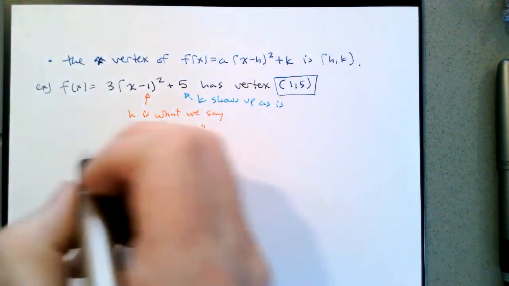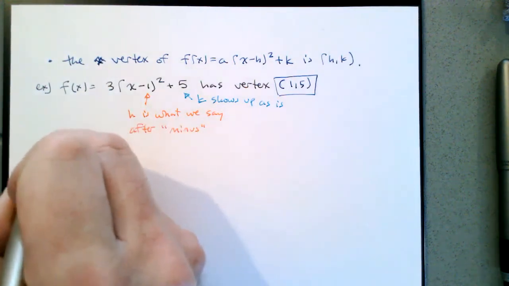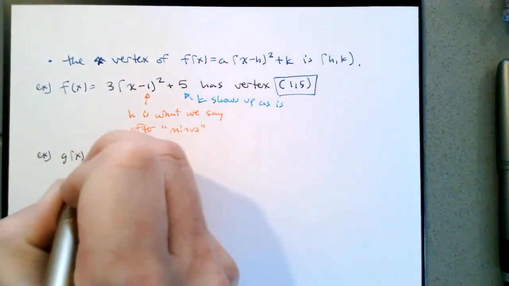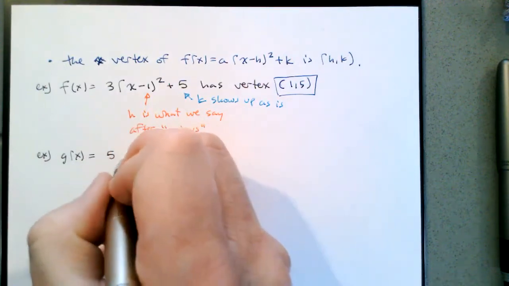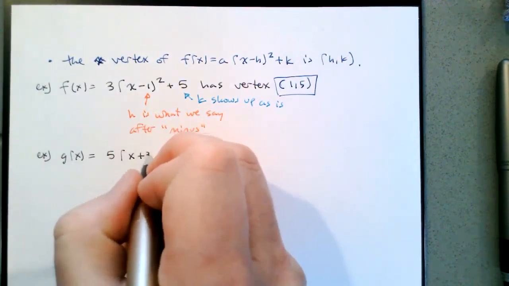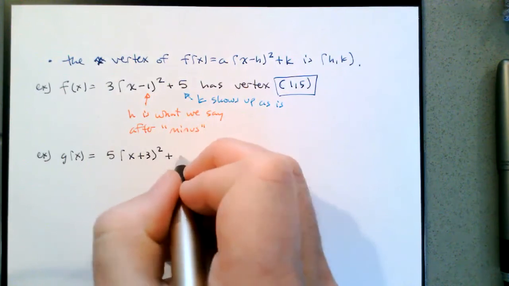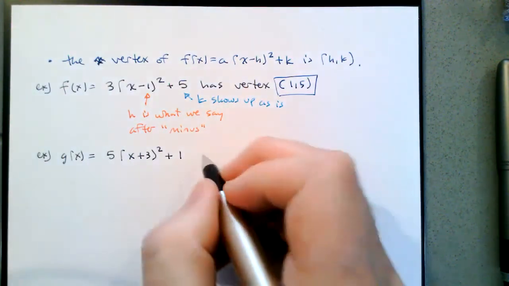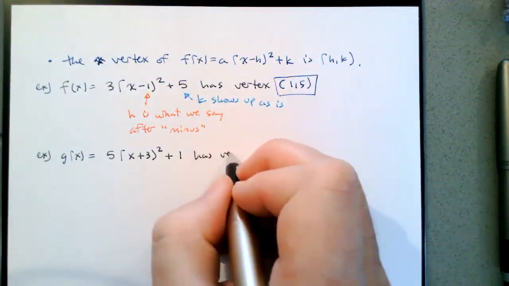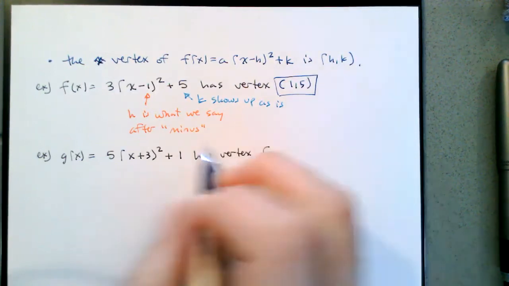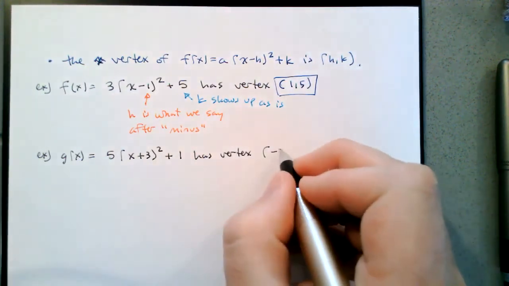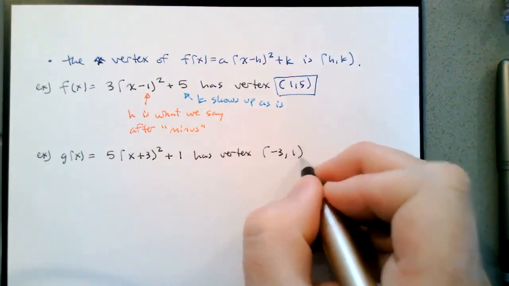So if I have some other quadratic function, let's say g of x is 5 times x plus 3 squared plus 1, then the vertex is -3, +1.